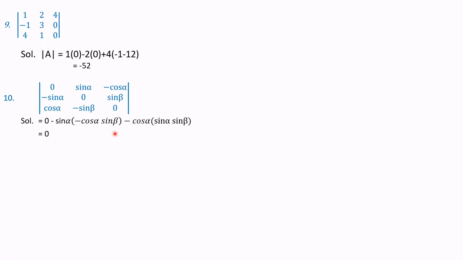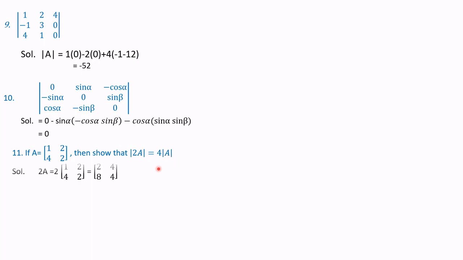Next problem. If A is equal to 1, 2, 4, 2, that is 2 rows and 2 columns, a 2 by 2 square matrix, then show that det 2A is equal to 4 into det A. Please note here 2A is within vertical lines and here 4 is outside and it is determinant A. So we have to prove that.